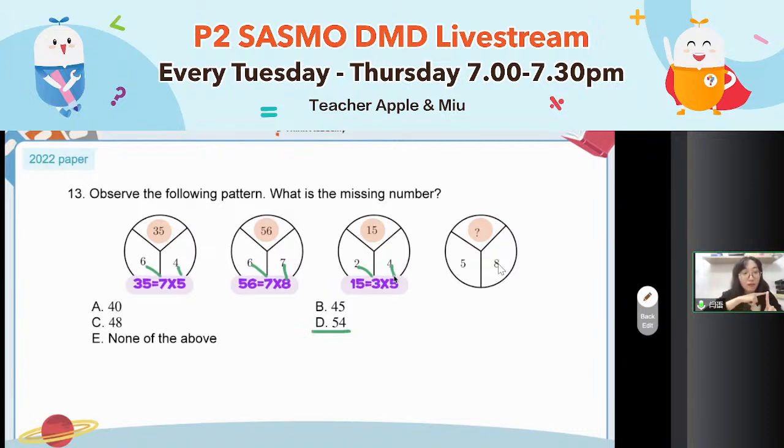And after that, you need to multiply them together. Yes, good job. So now for number 5, 5 plus 1 equals 6. And then what about number 8? 8 plus 1 equals 9. Good job. And this is only the first step. For the second step, you need to multiply them together. 6 times 9 equals 54. That is why we get the answer. Understand?